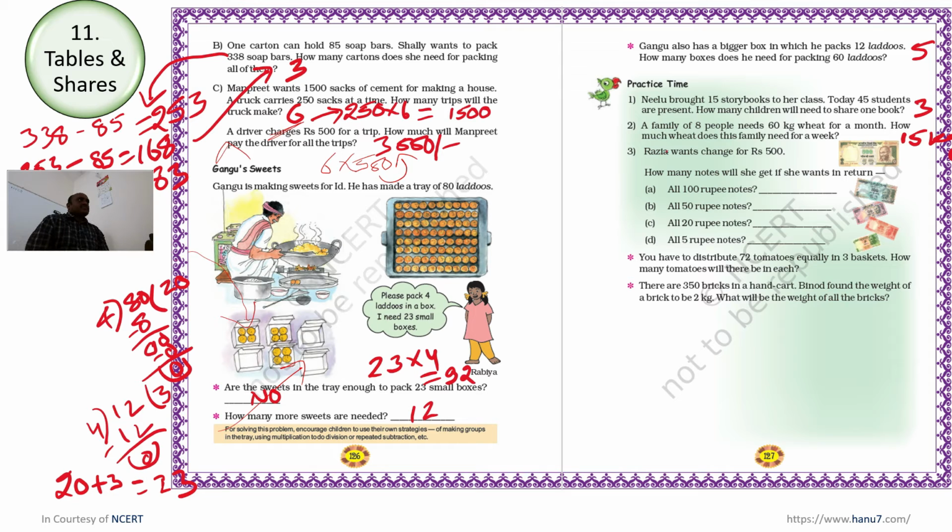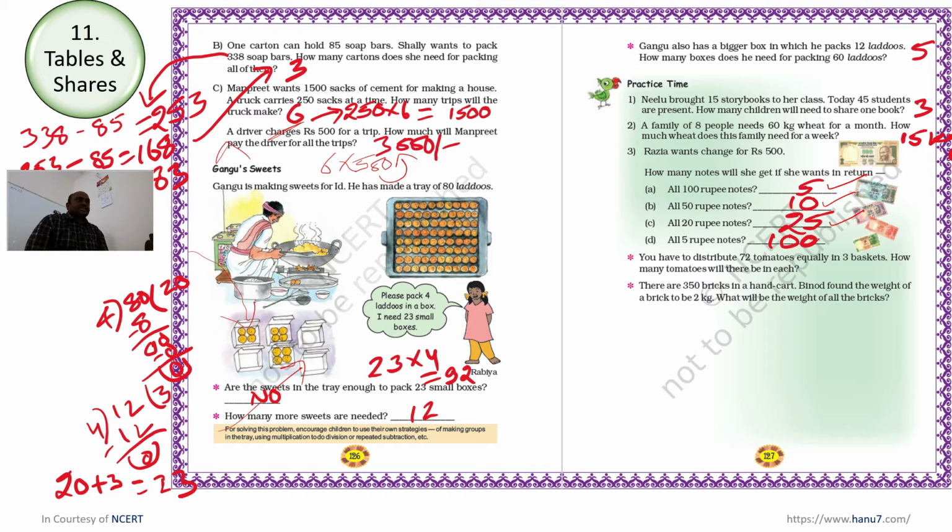Okay, so Rajia wants change for 500 rupees. If she takes all 500 notes, how many notes? She requires 1 note. If she gets 50 rupee notes, then she will get 10 such notes. If she gets 20 rupee notes, she will get 25 notes.